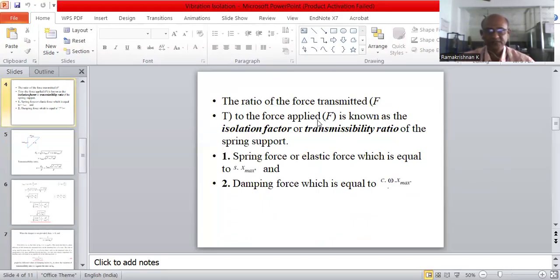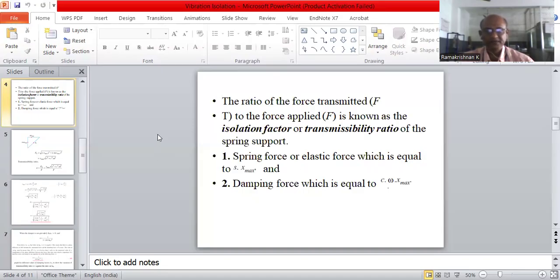Here the force applied is the simple harmonic force generated by the machine. The force transmitted may be indicated as Ft, and the force generated is F. So it is a ratio.